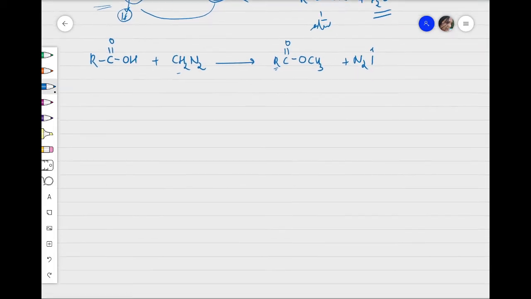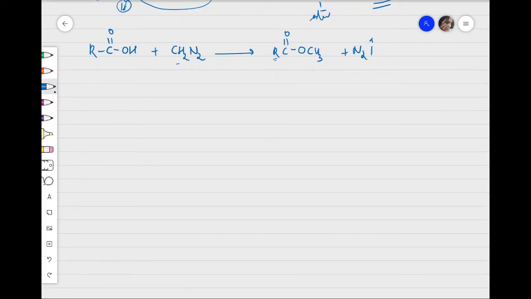Now another method: acids can be converted to esters via acid chloride. Like we already saw, when we treat the acid with thionyl chloride, HCl and SO2 are the other products.